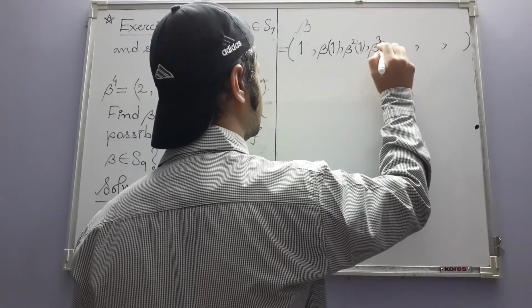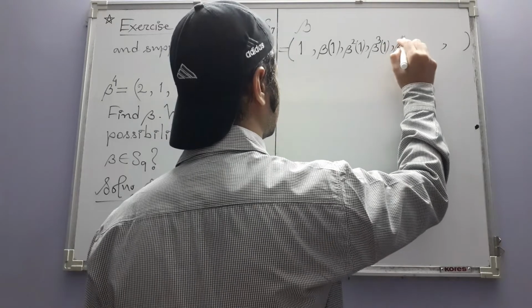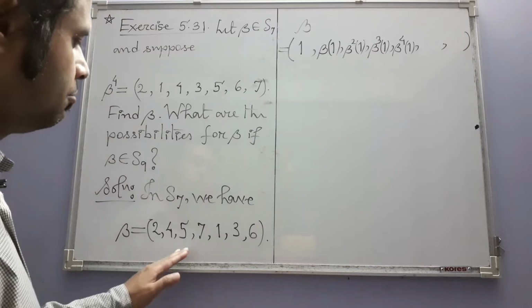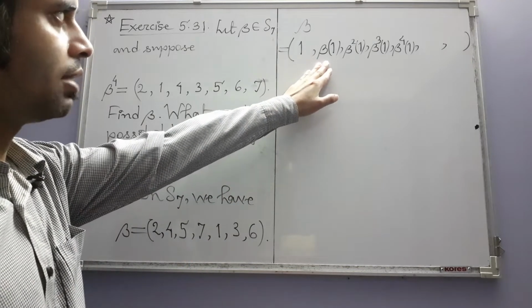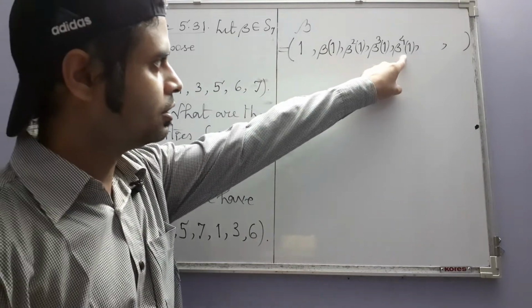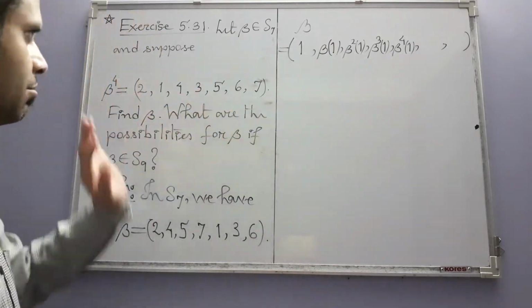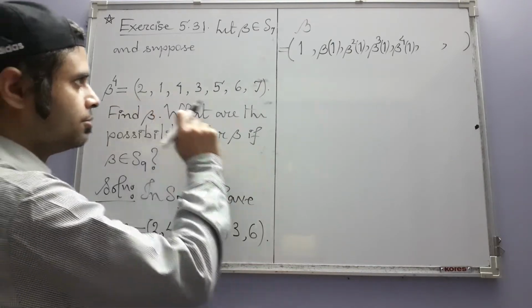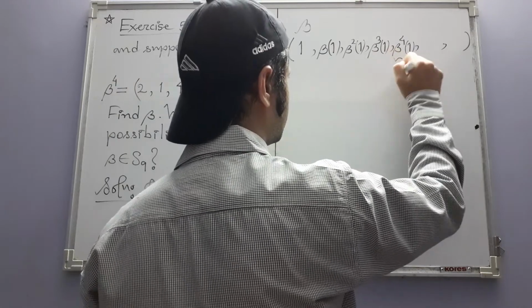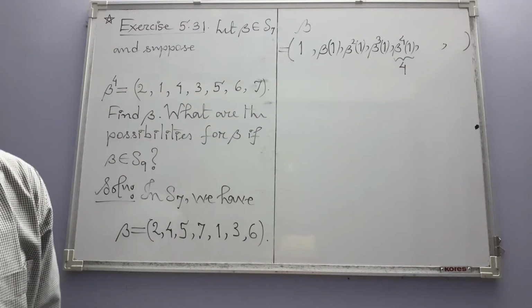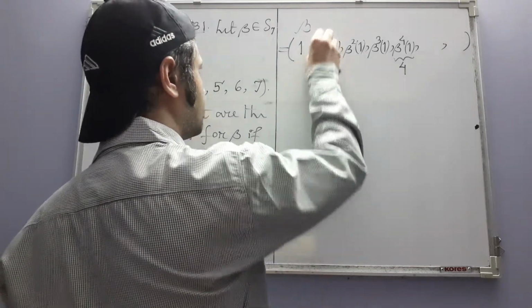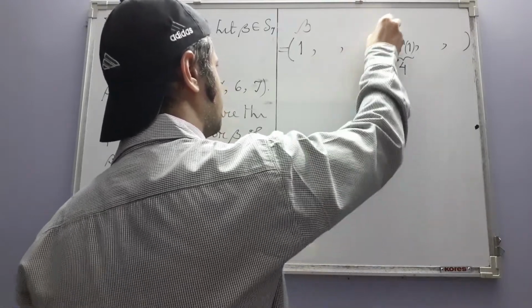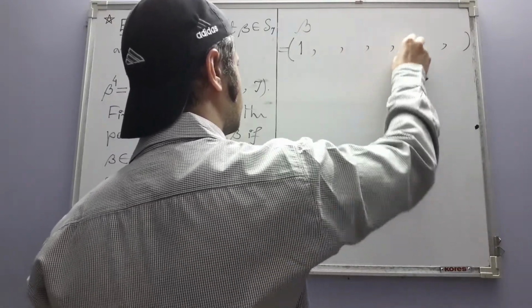And this one is beta cube of 1, and this one is beta to the power 4 of 1. Now, although we may not be able to immediately say what beta of 1 is, we know this one because we have beta to the power 4, and the image of 1 under beta to the power 4 is 4. So this thing is 4. Okay, so jumping some places, we have come to know that this is going to be 4.